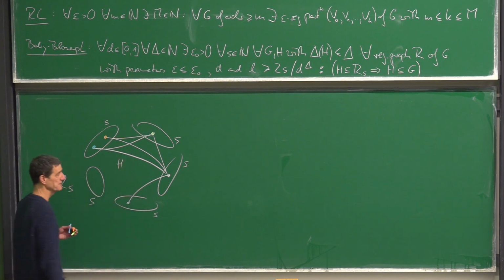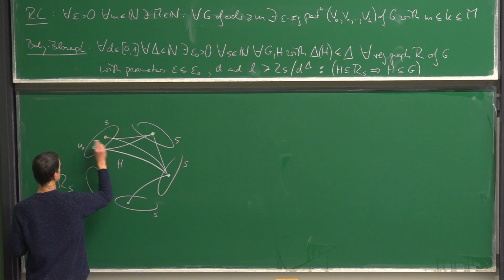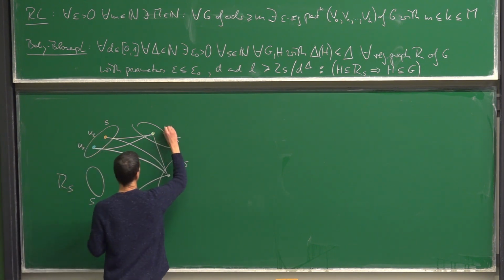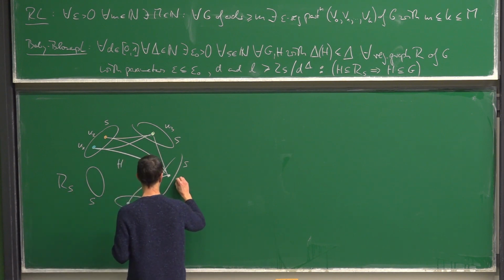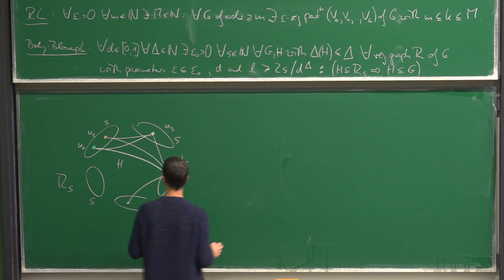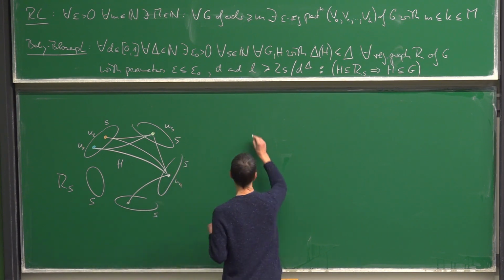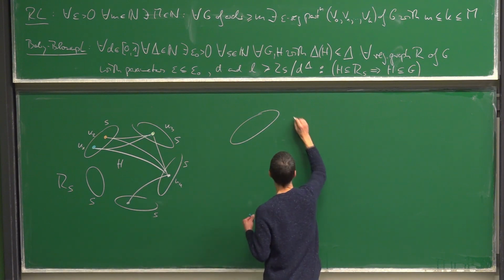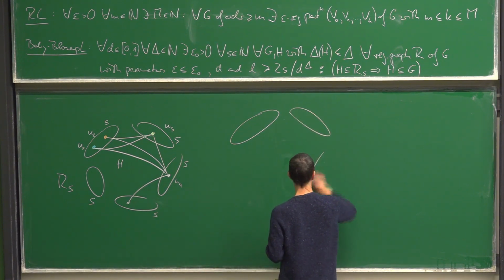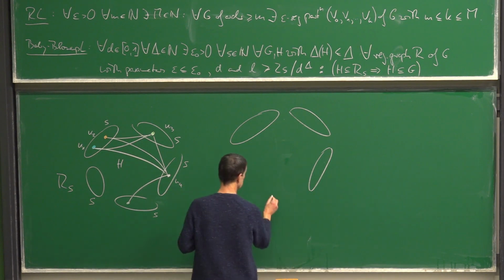So this is our graph H. Let's call these vertices of H U1, U2, U3, and so on. And our aim is to embed them in the corresponding partition classes, where they live in RS.